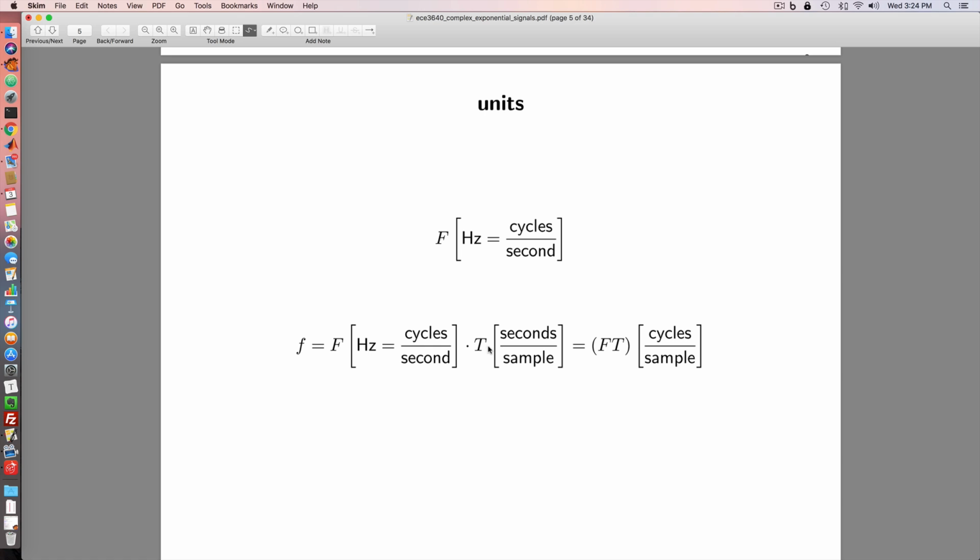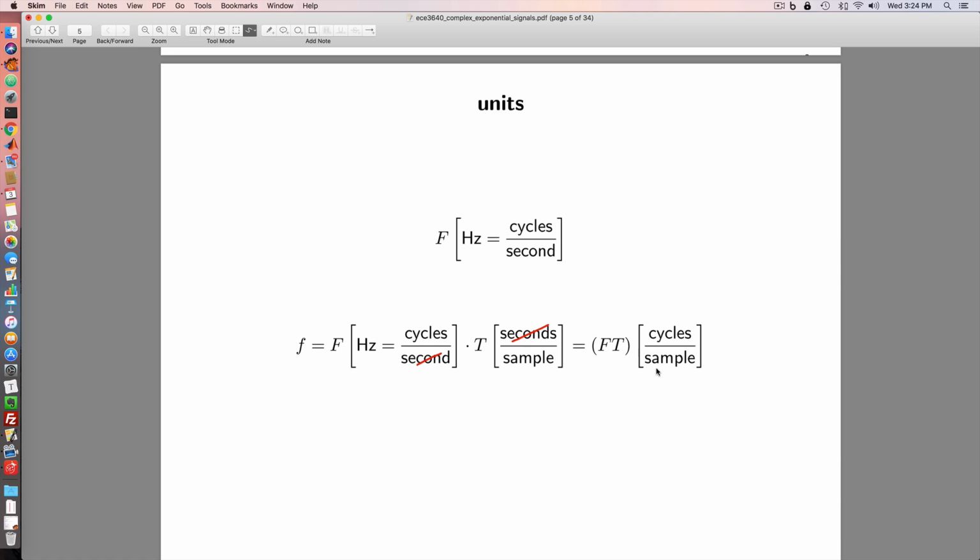The sample period has units of seconds per sample, and so if we multiply these units together, the seconds cancel, and we get units of cycles per sample. So the units of discrete time frequency are cycles per sample.